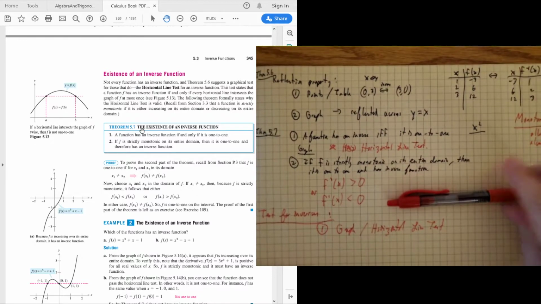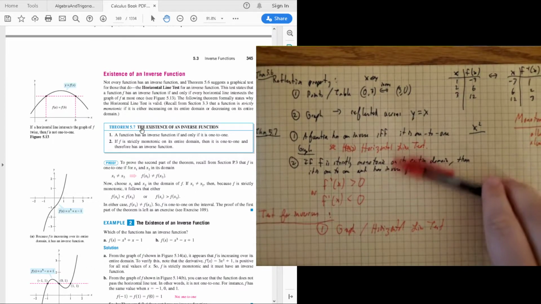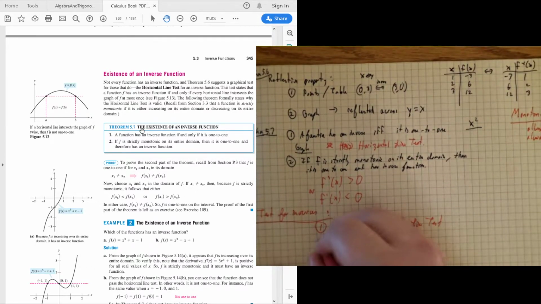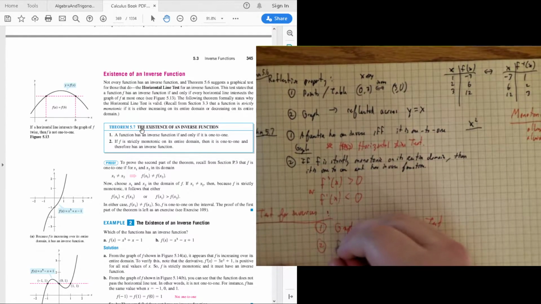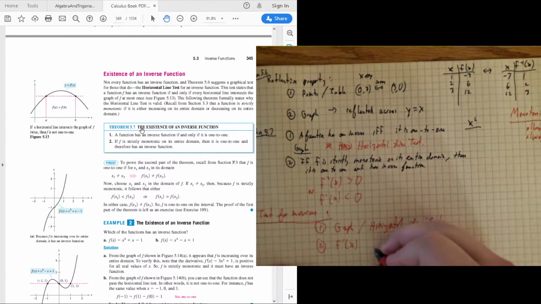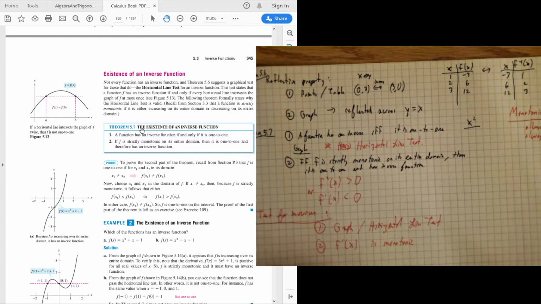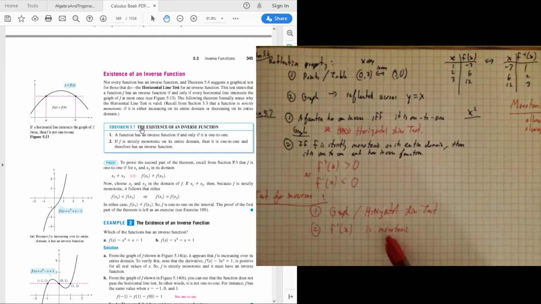So test to see, does it actually pass the horizontal line test or does it fail? Or 2, find f prime and ask, is it monotonic? We'll discuss in more detail how to show it's monotonic, but for now, that's where we're going to pause.